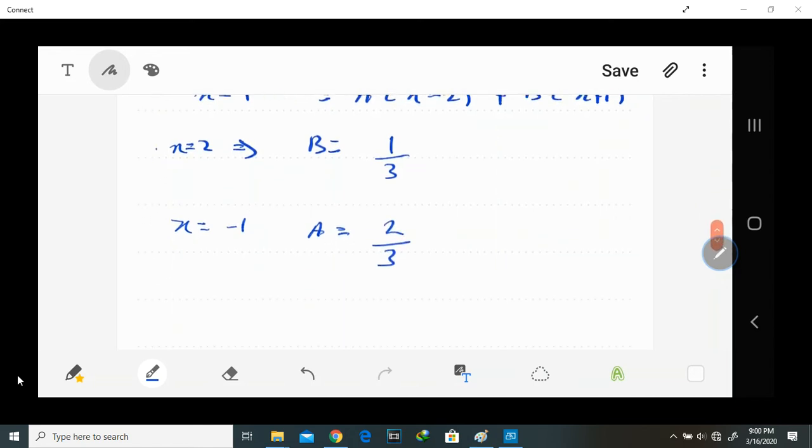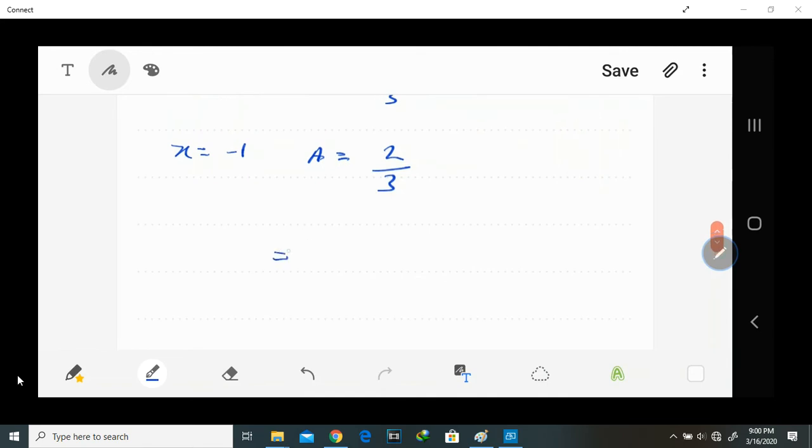So you get the partial fractions as 2 over 3 times x plus 1 plus 1 over 3 times x minus 2. It's simple as that. So let's try another example.